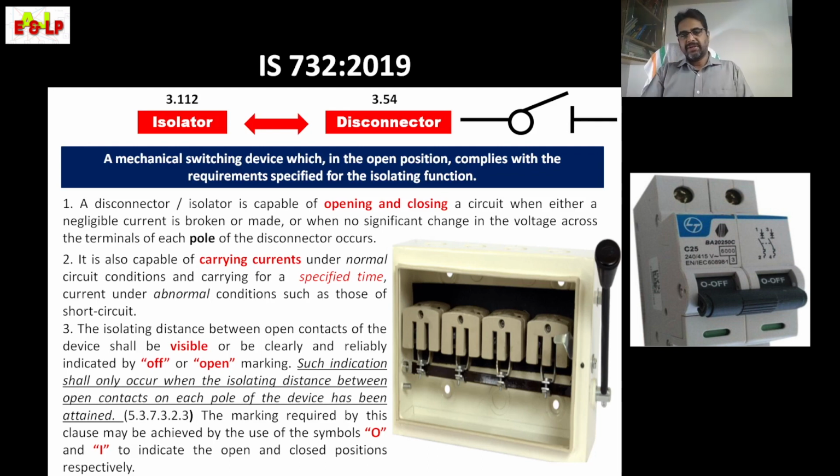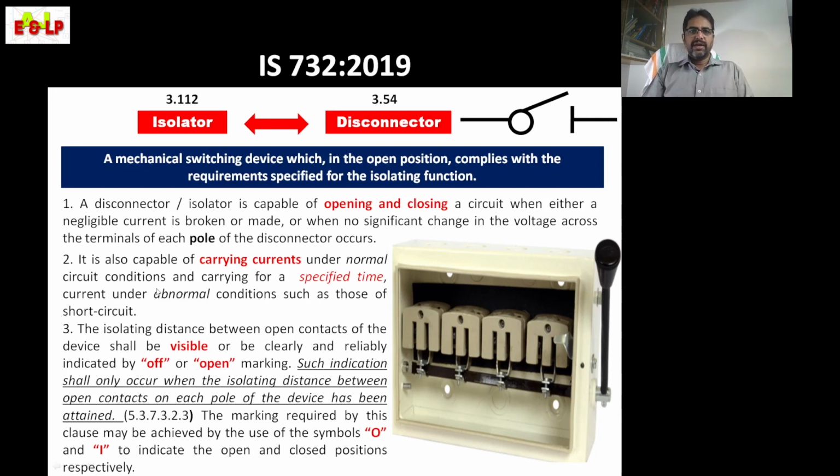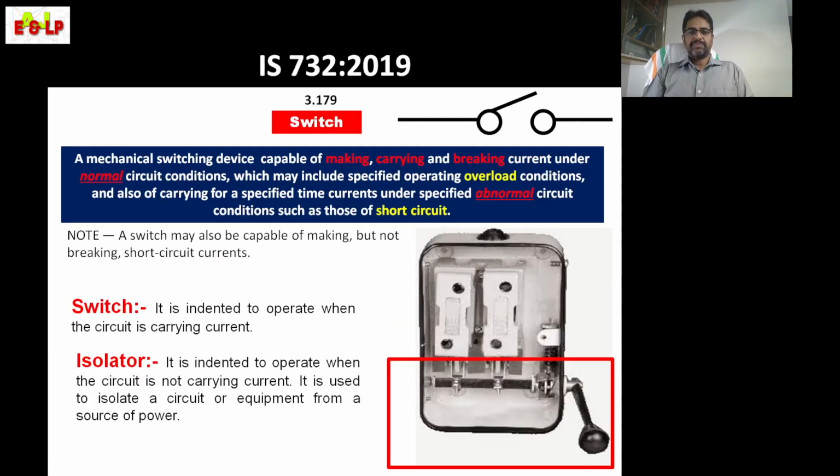That's the meaning. So instead of the term visible, the indications such as off or open or O or I are enough as per this IS. Okay, that is isolator. Now we are moving to switch.